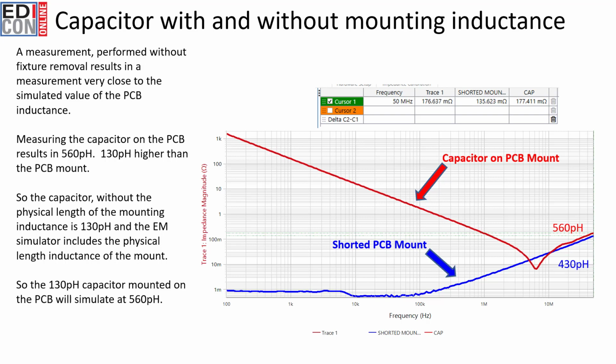Ideally, the short should identically match the physical capacitor size. The capacitor measures 130 picohenries higher than the PCB short. So this is really the excess inductance of the capacitor element with the physical length element removed. That 130 picohenries is the ESL that we need to enter into our simulator for correlation.